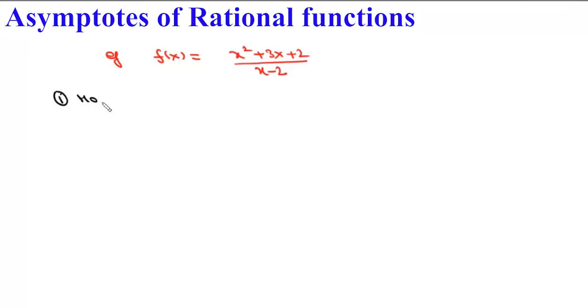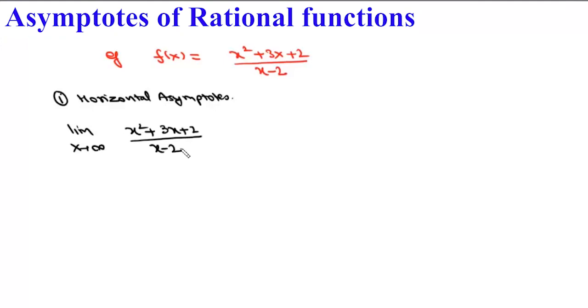Now for horizontal asymptotes, we'll calculate these limits. Limit x tends to infinity, (x square plus 3x plus 2) upon (x minus 2).